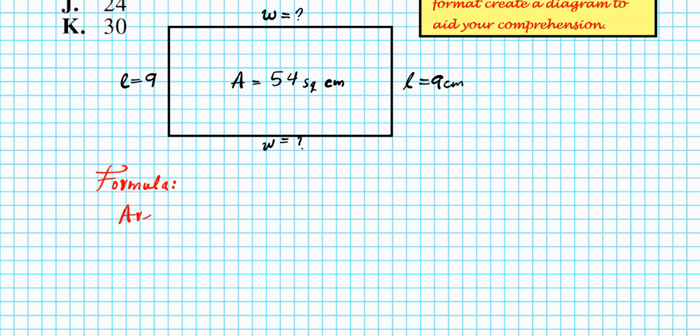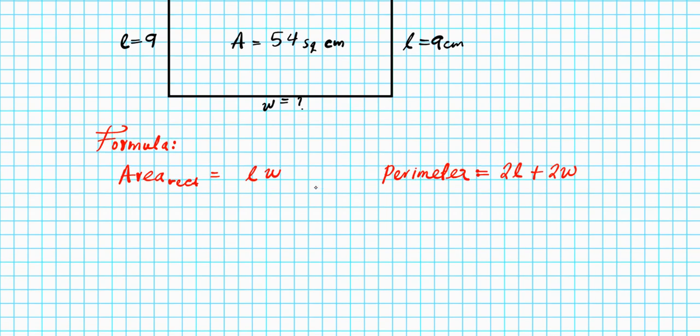The area of a rectangle is simply given by the length multiplied by the width. How about the perimeter of a rectangle? The perimeter of a rectangle is the distance around it. So the perimeter can be computed by adding the two lengths, which are equal, so you just double the length, and the two widths, which are equal, so you double your width.